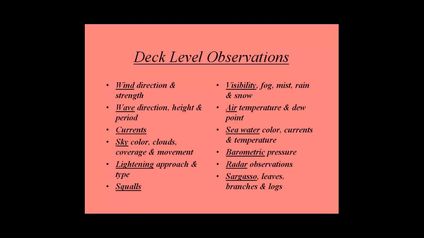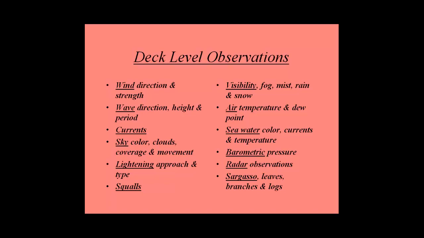But the more important issue really is the wave direction, height, and period, or the speed of the waves. There are the currents that you have to deal with, the water currents, the color of the sky and the progress of the colors in the sky and the clouds, and how these sky images are moving and what do they mean to you.